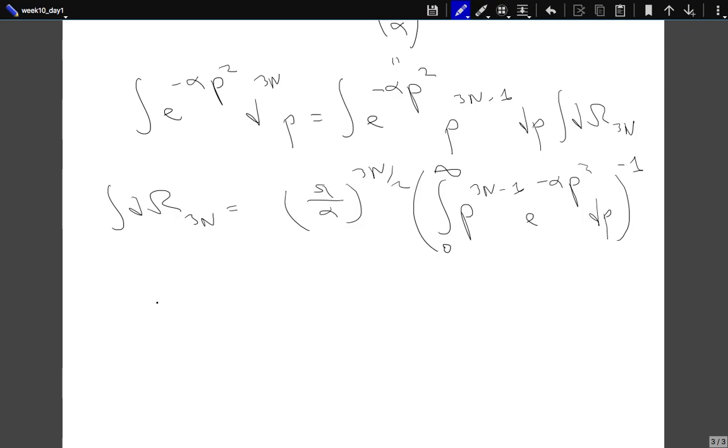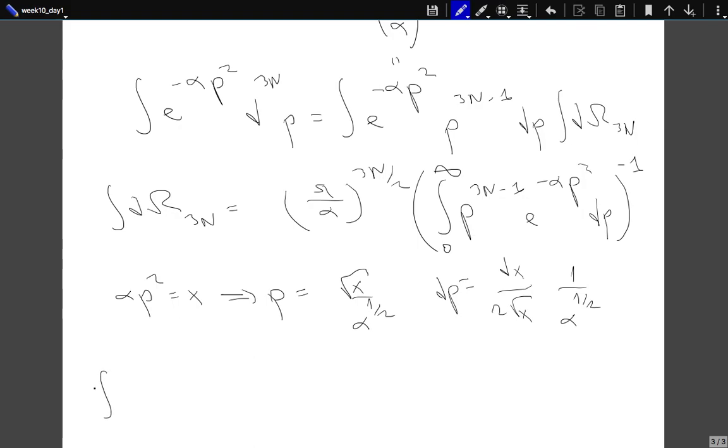Now, first let me make a change of variable. Let me call alpha p squared my x. So p is square root of x over alpha, to the power 1/2. dp is dx over 2 square root of x, times 1 over alpha to the power 1/2.